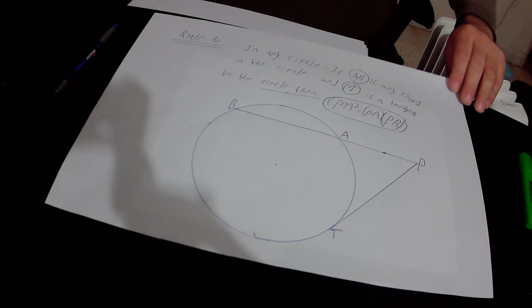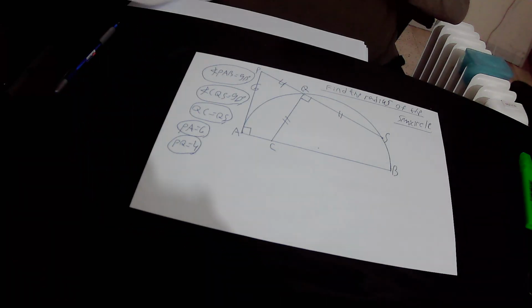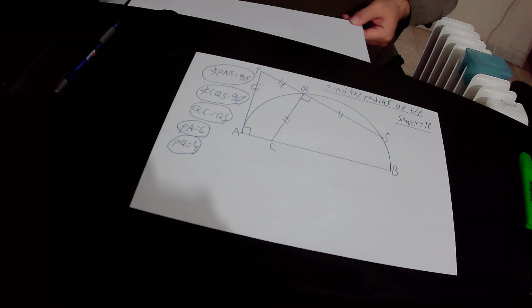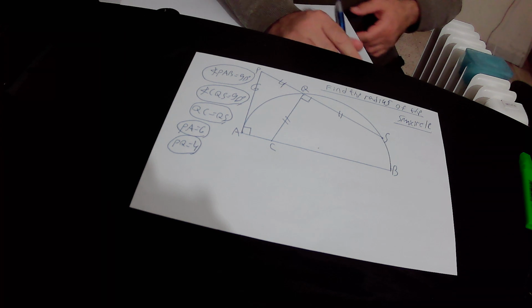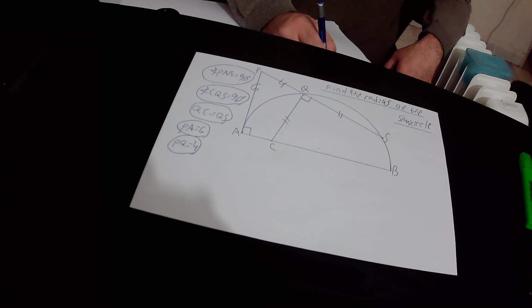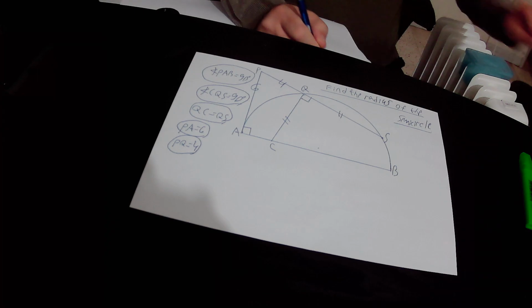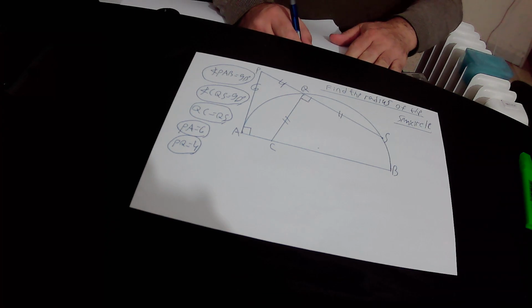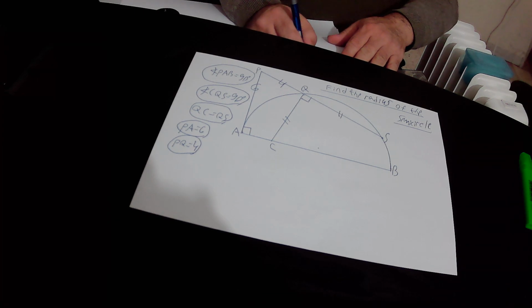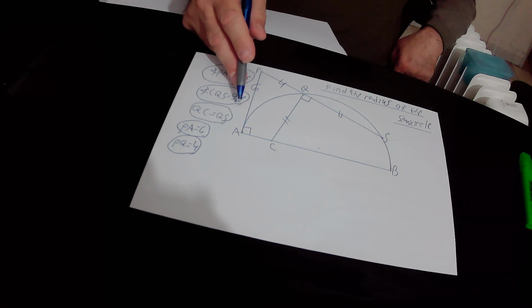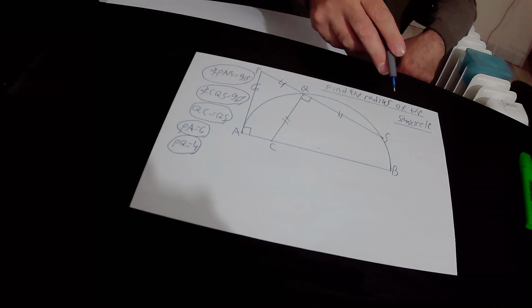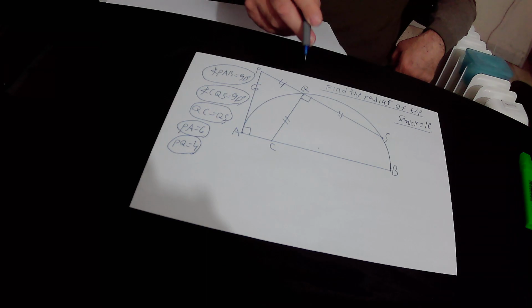Actually, we can implement rule number 10 in our drawing. Why? Because if we focus at point P in our drawing, from point P we have tangent PA to the semicircle at point A, and we have line segment PS that cuts the semicircle at points Q and S. Therefore, we can implement rule number 10.